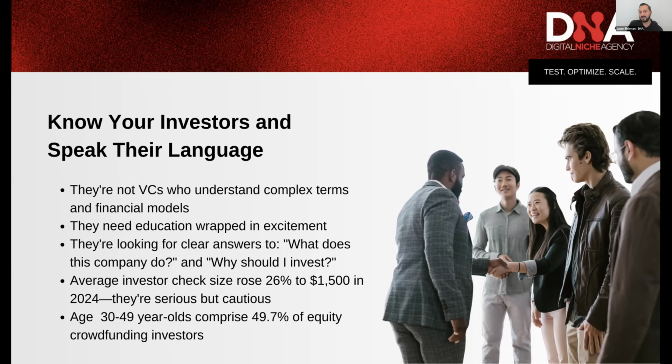Excitement can mean many different things, but the action that follows is how we want to measure it. It's not just a smile. It could be excited in a good way, in a bad way. It can be getting from one page to the next, but they're basically looking for clear answers as to what does this company do? Why should I invest?